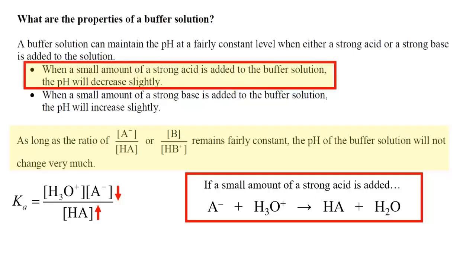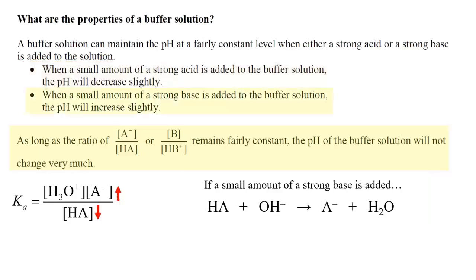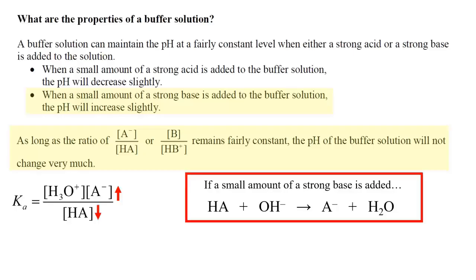On the other hand, if a small amount of a strong base is added to a buffer solution, then the weak acid, HA, would react with those hydroxide ions from the strong base, and then the products would be A minus, the conjugate base, and water.